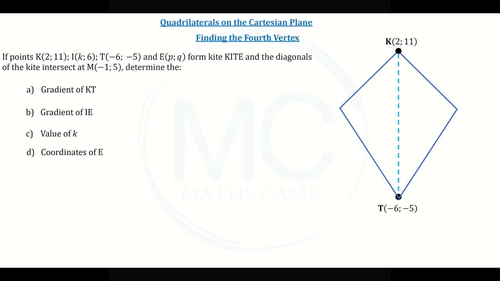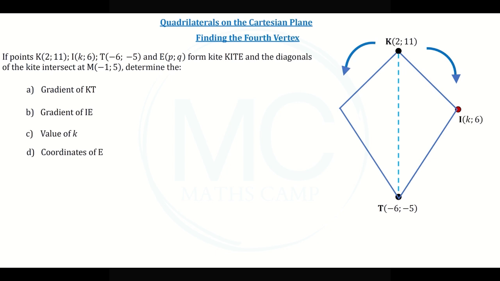Now we need to consider points I and E. We don't know if the kite is labeled in a clockwise or anti-clockwise direction. So for now, let's assume that it's clockwise, which means I will be on the right side of the kite. Because we aren't sure that this is in fact point I, let's plot our point in red and label it I along with coordinates k, 6.